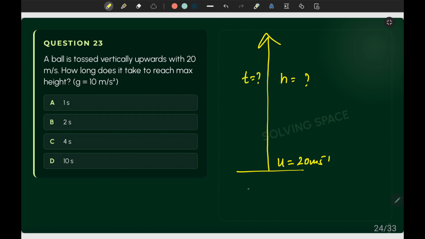Very simple: the final velocity v is equal to 0. So v is equal to u minus gt. 0 is equal to 20 minus 10 into t. t is equal to 2 seconds. Our answer is 2 seconds.